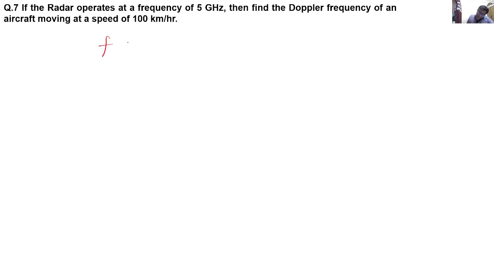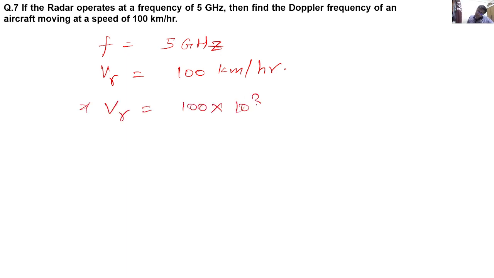So we are given f is 5 gigahertz, which is 5 into 10 power 9 hertz, by the way. We are also given the relative velocity, which is 100 km per hour. So this gives Vr equal to 100 into 10 power 3 by 60 times 60. We are just converting kilometer per hour into meter per second. That comes out to be 27.78 meter per second.